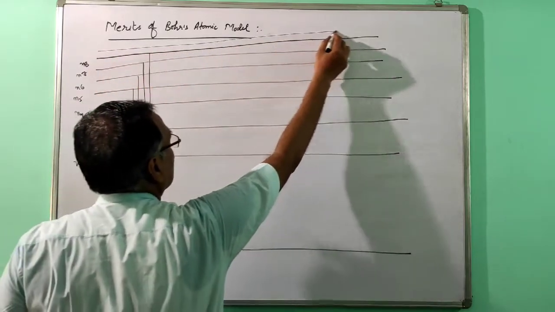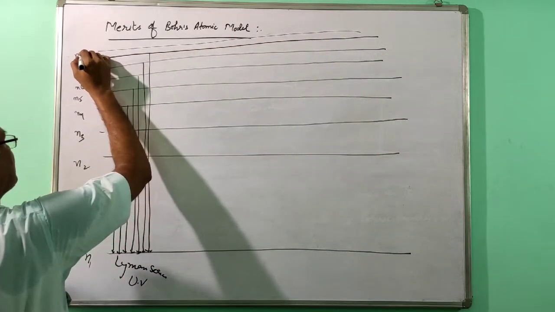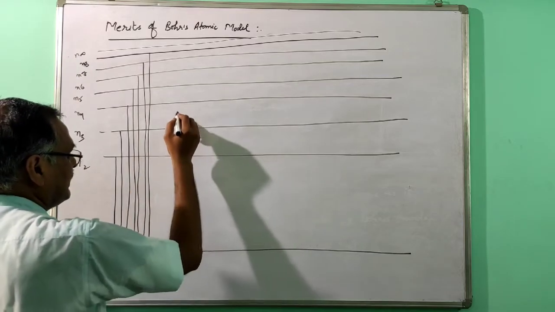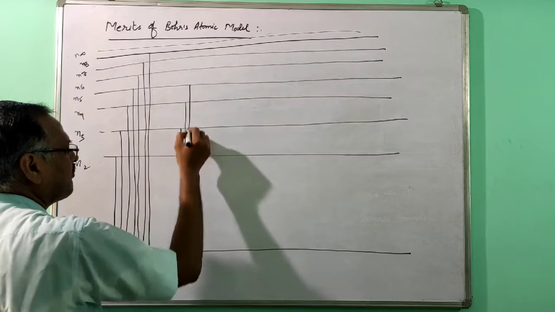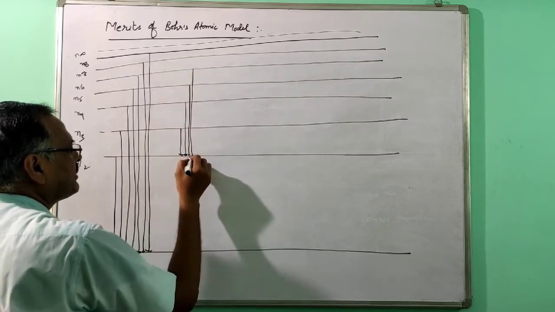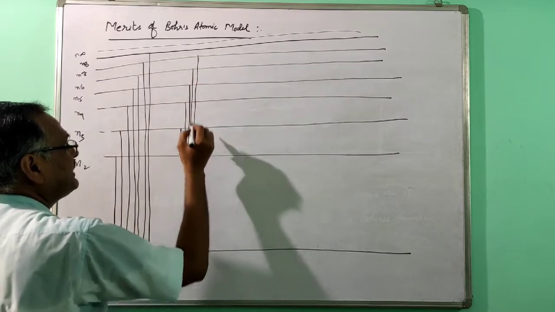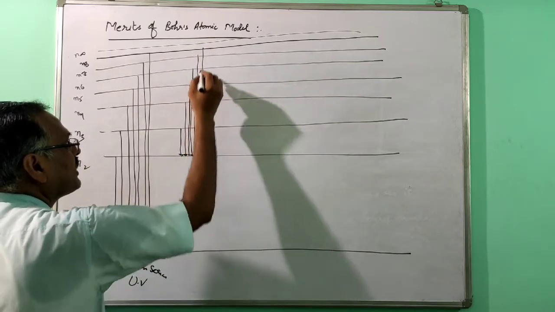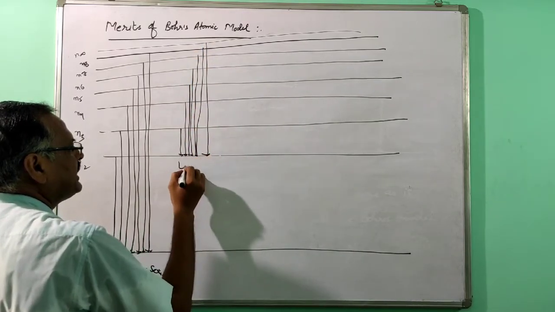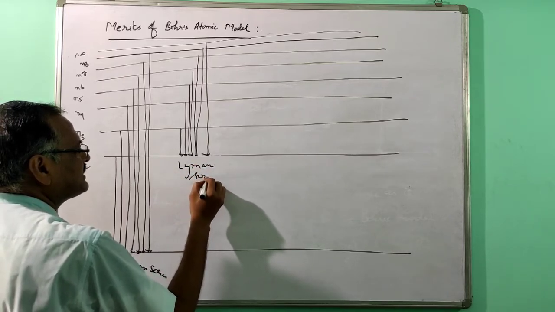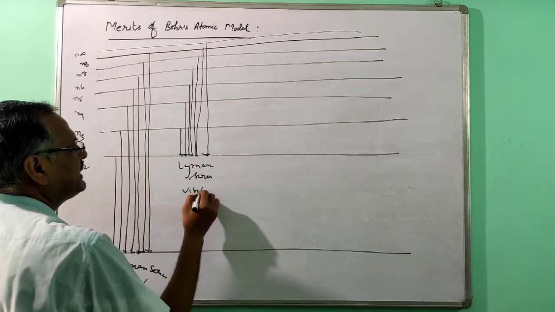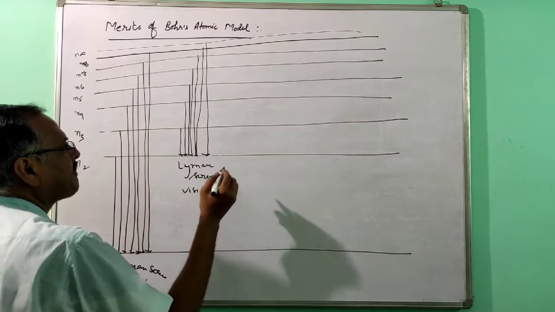That will go up to infinity. Then if they are coming to the second energy state, that will be the Balmer series, which is in the visible region.